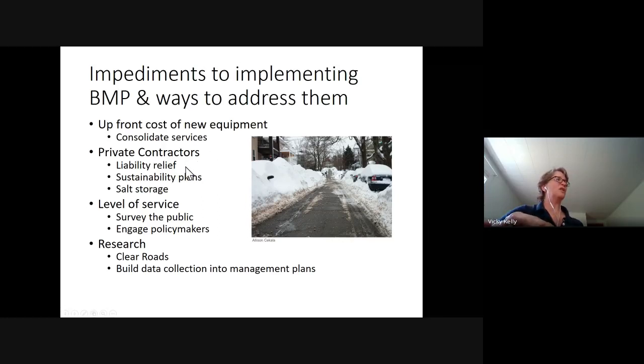There are some states that offer liability relief to private contractors who go through best management practice training. Some companies and organizations, colleges, or companies like Target and Walmart have sustainability plans. We suggest that they include their salt use in their sustainability plans. And probably most important is convincing private contractors to adequately store their salt so that there isn't contamination from a point source.